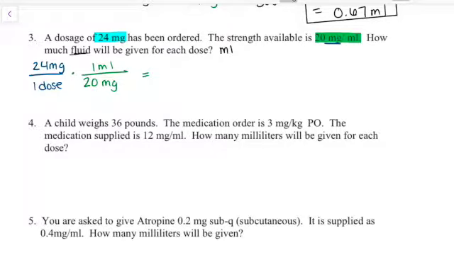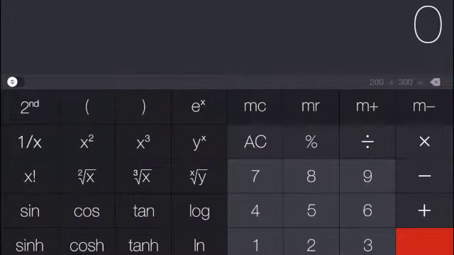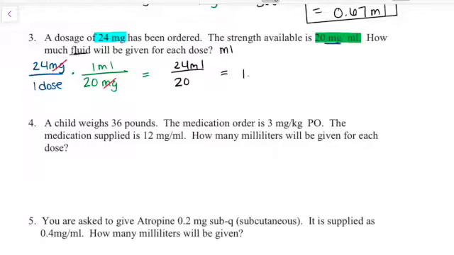We can cross cancel milligrams. So that gives us 24 mLs over 20. 24 divided by 20, 1.2 mLs for that dose.